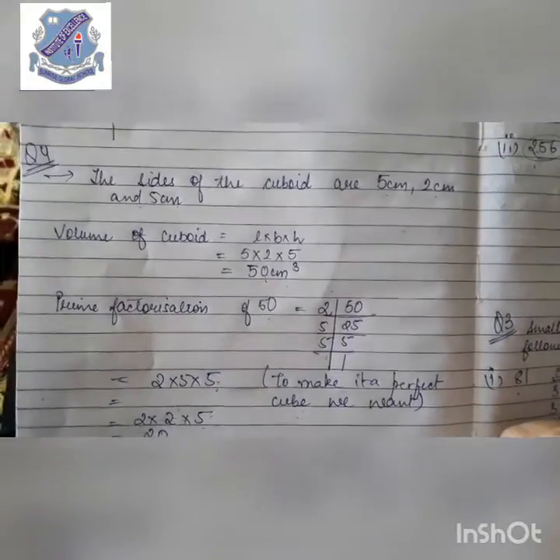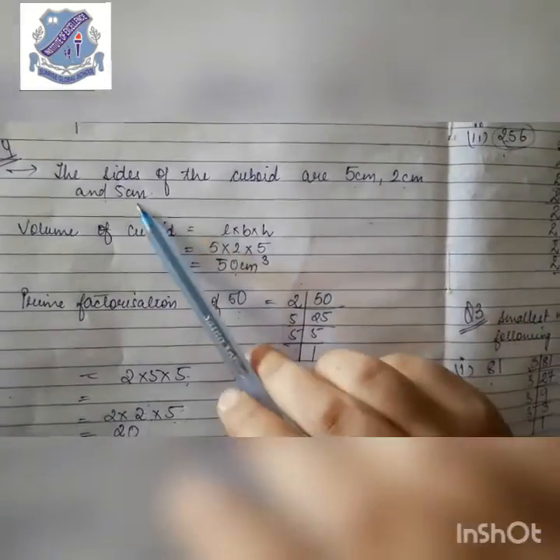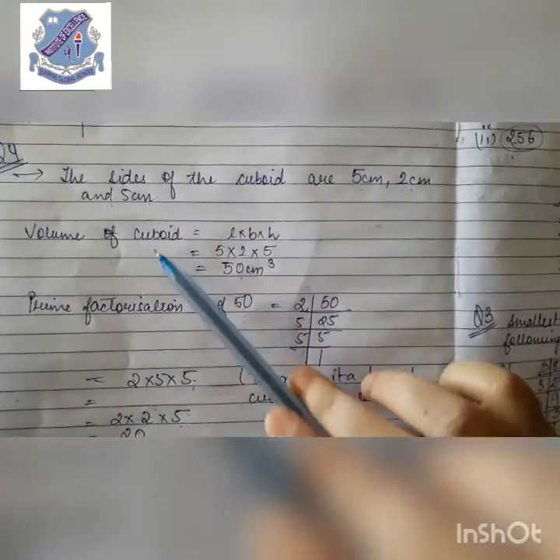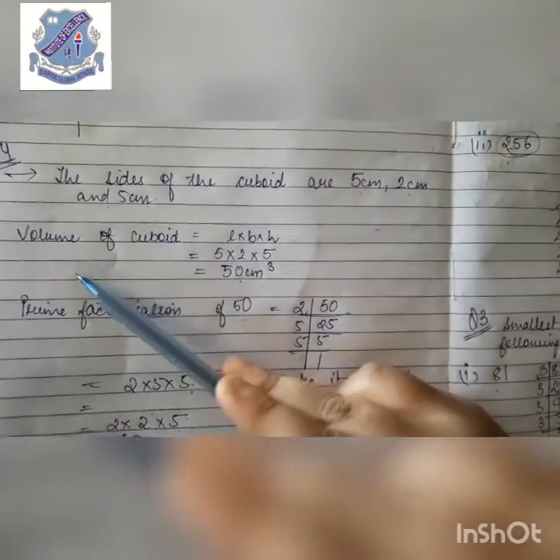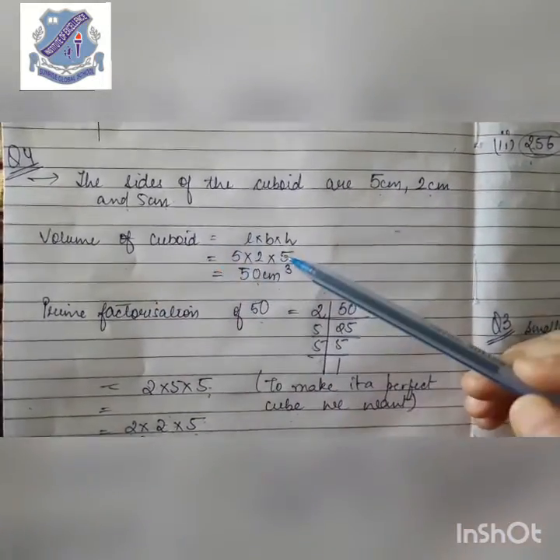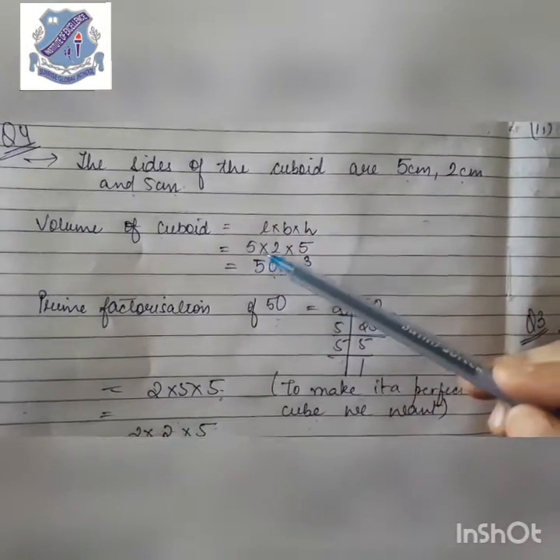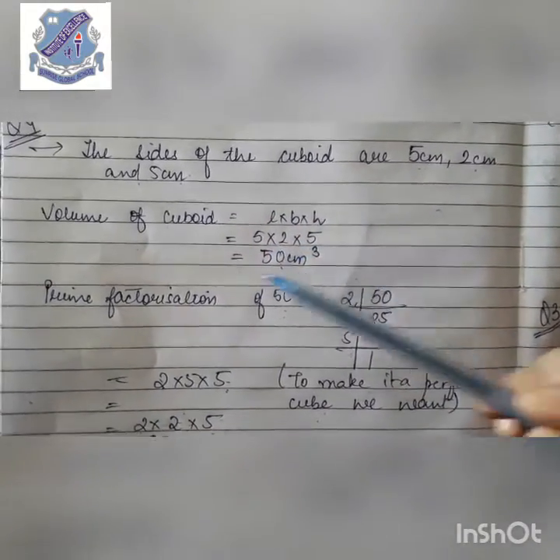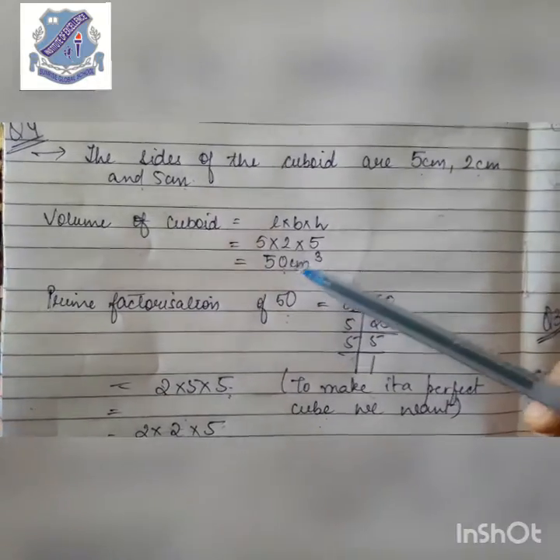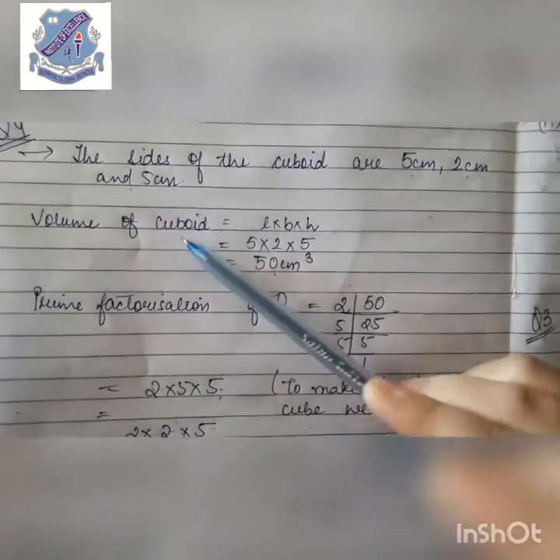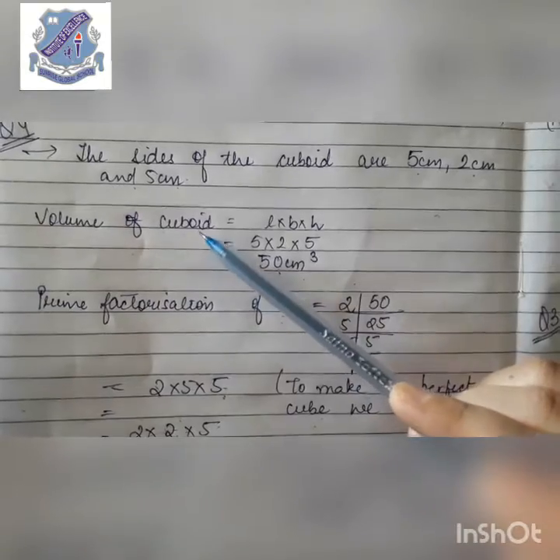So when we are finding the solution, we'll see that the sides of the cuboid are 5, 2 and 5 centimeters. First of all, we'll calculate the volume of that cuboid. The formula for the volume is length into breadth into height, correct? So multiplying 5 into 2 into 5 we get 50 as the answer. Now this is the volume of the cuboid, but remember that we want to make a cube out of it.